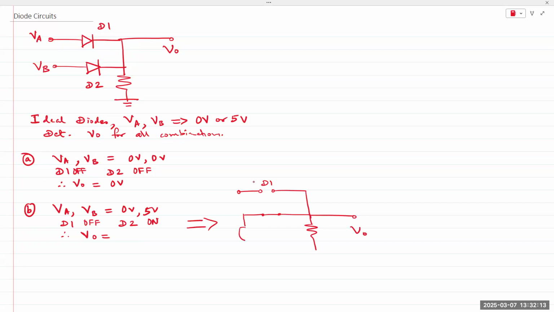Then 5 volts VB can be shown as this voltage source. So now what is VO? 5 volts. It always helps me to redraw the circuit so I can better visualize it. So that's something I also encourage students to do.